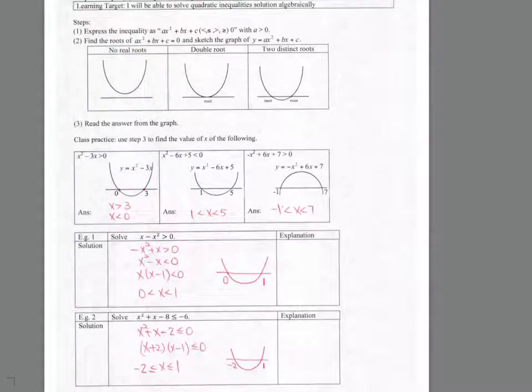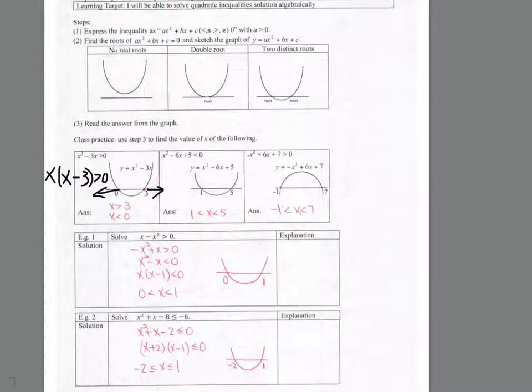I factor out x from each term, so I have x times x minus 3. So I know my roots, my x-intercepts, are going to be 0 and 3. So what are my answers? It's going to be x greater than 3, on this side, or x less than 0.